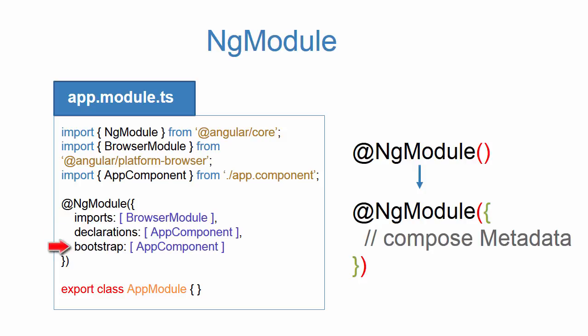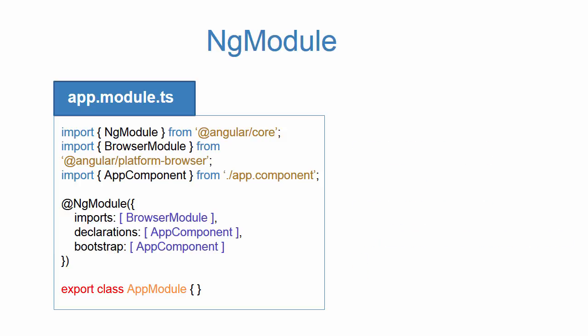And below that, we have the bootstrap key, which tells our application what our root component is when first initializing our application. All of this decorator metadata is then passed into our class called NgModule, which can then be exported and used inside of other files.